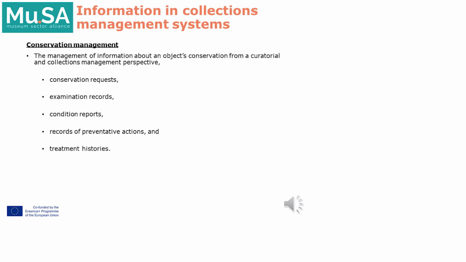Then it's conservation management. It is the management of information about an object's conservation from a curatorial and collection management perspective. In other words, conservation requests, examination records, condition reports, records of preventative action, and treatment histories.